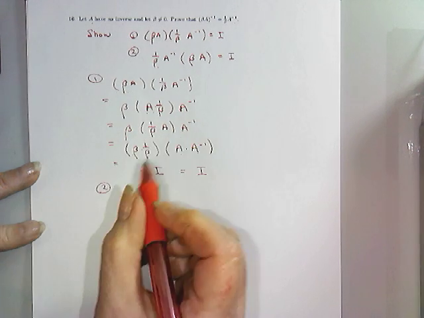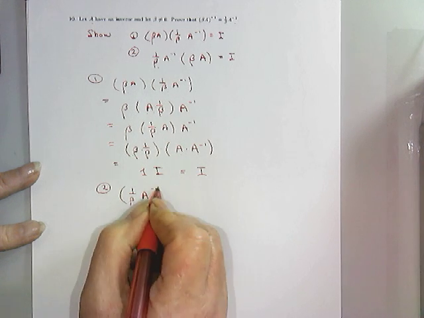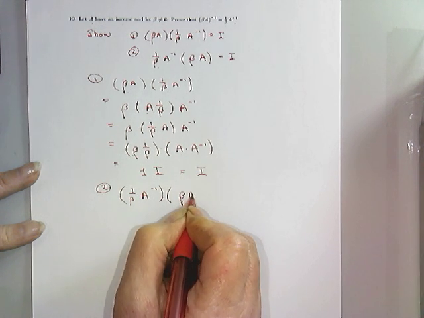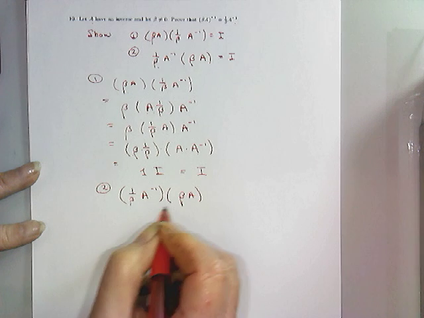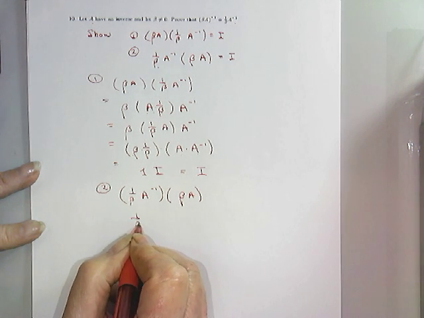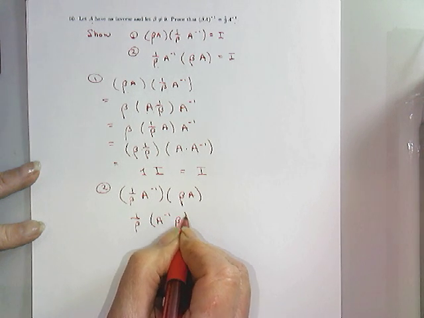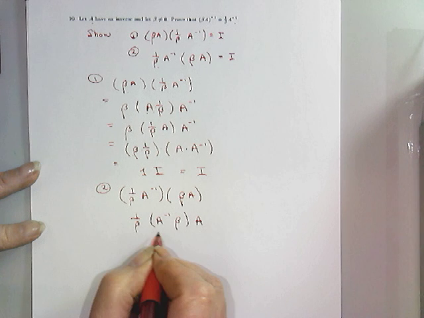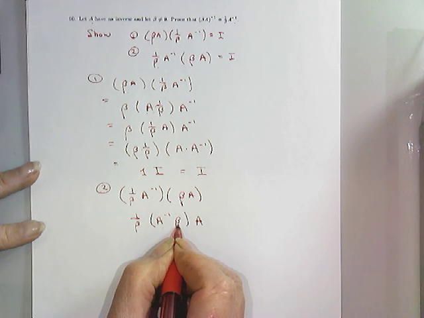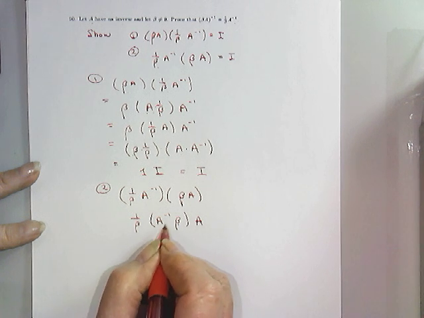If I multiply 1 over beta times A inverse by beta times A, using the same kind of techniques, I can regroup, and this is equal to 1 over beta times A inverse times beta times A. But again, beta is a scalar, so this scalar multiplication is commutative.